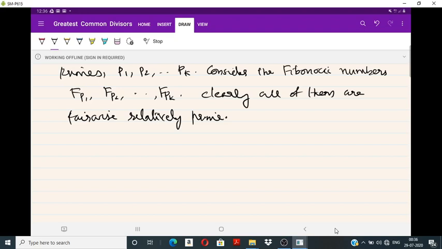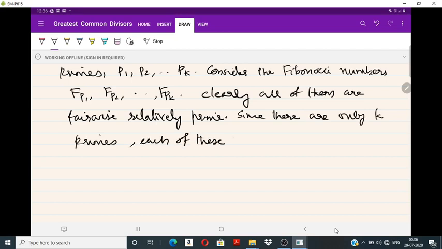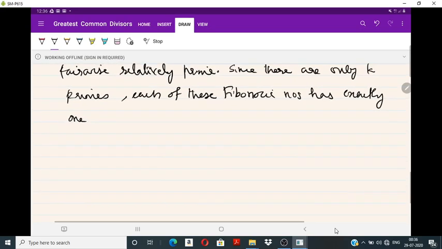Since there are only k primes, each of these Fibonacci numbers has exactly one prime factor.